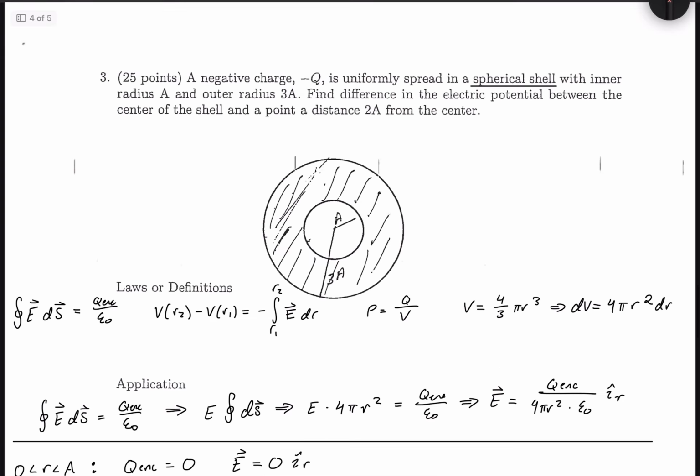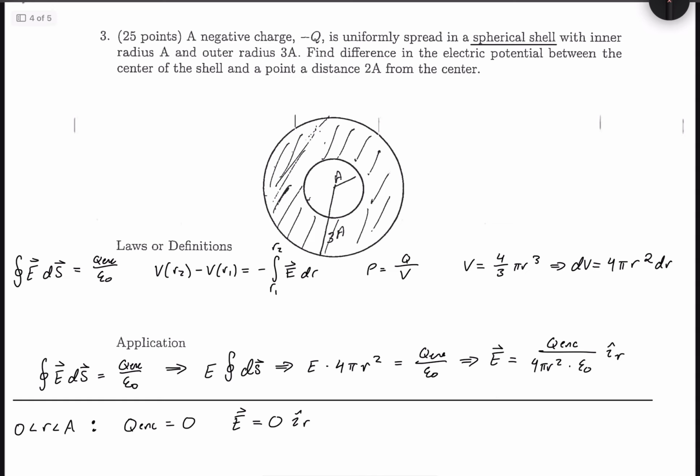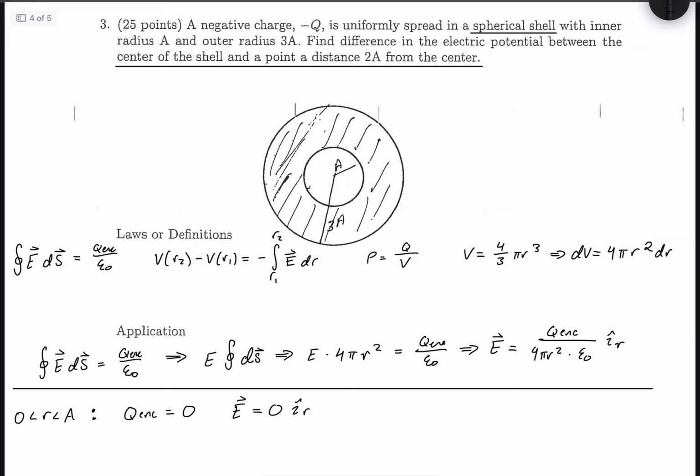Now, the nice thing about this question is we were trying to find the electric potential difference between 0 and 2A, the center of the shell and 2A from the center. Because the sphere itself has a radius of 3A in total, we're integrating from radius equals 0 to radius equals 2A, which is some inner part of the sphere.